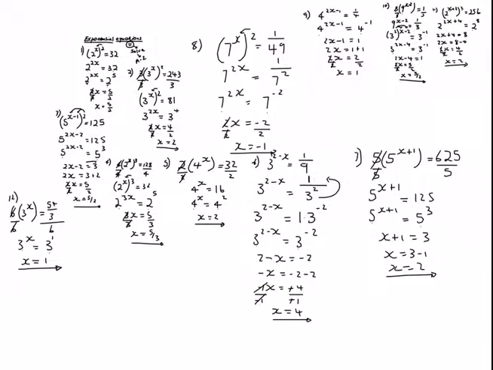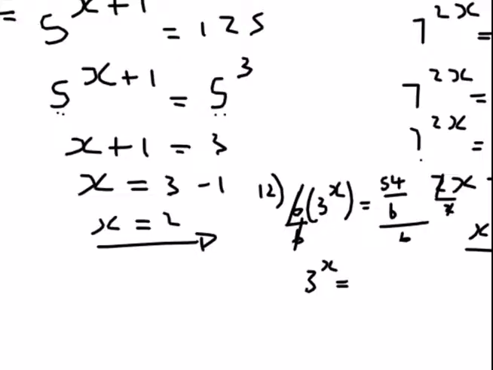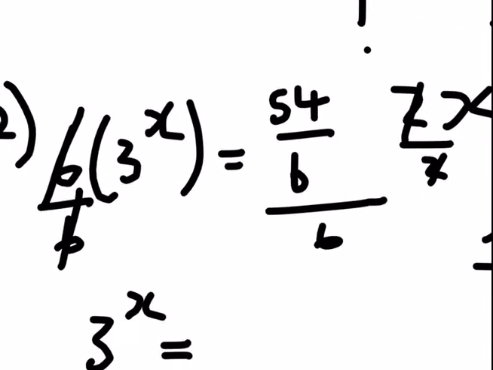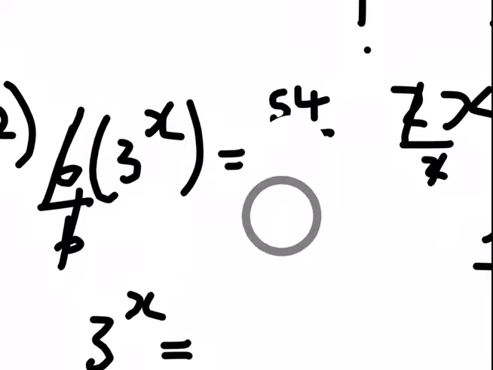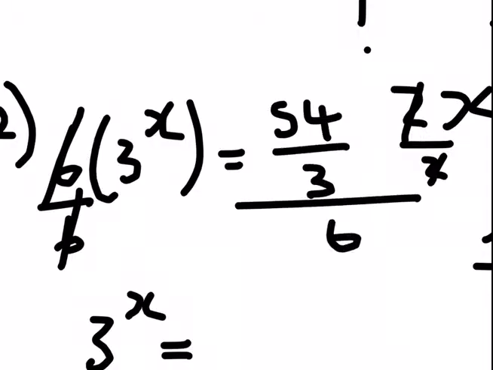Oh yes, 54 over 3. That should be the correct equation, not 54 over 6. So I will just need to erase that and that, and then say 54 over 3. So that means it is the one that I divide by that 6 that is going to cancel on that side. Yes.